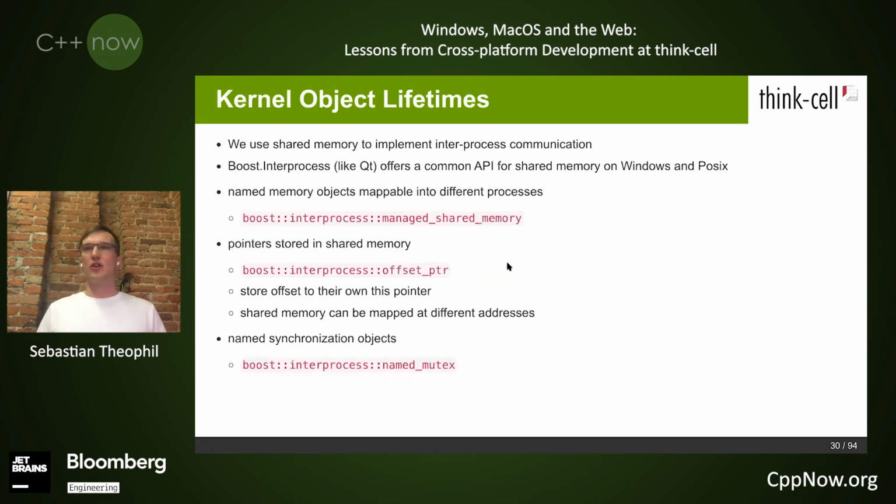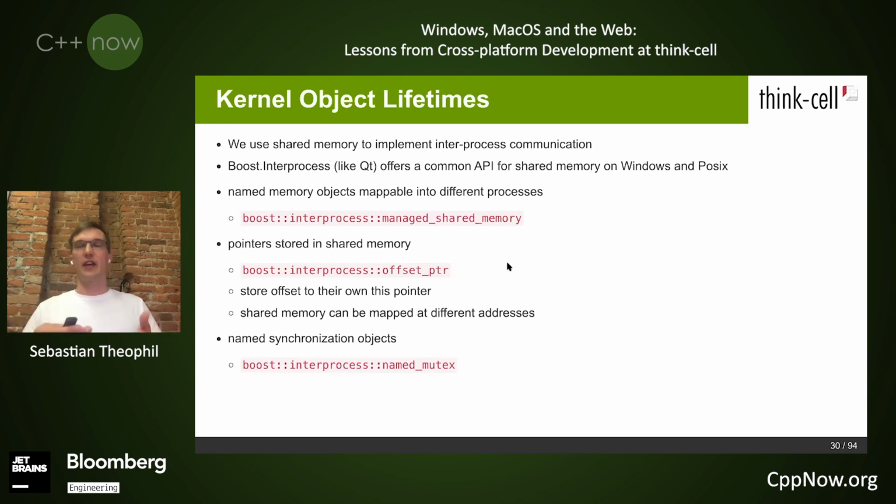Now, Boost.Interprocess offers everything you need to work with shared memory. There is a named memory object that you can look up by name in different processes and then map it into different processes, and manage shared memory. And then there's a pointer type. So you can store pointers in shared memory, actually.